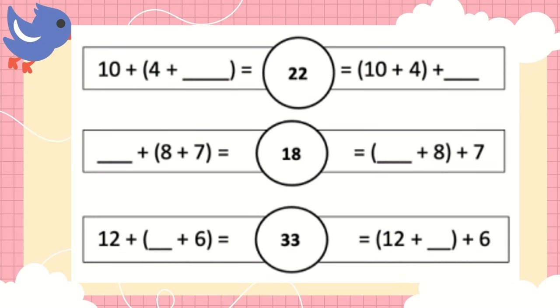For the second set of numbers, blank plus (8 plus 7) equals 18, equals (blank plus 8) plus 7. Next, 12 plus (blank plus 6) equals 33, is equal to (12 plus blank) plus 6.